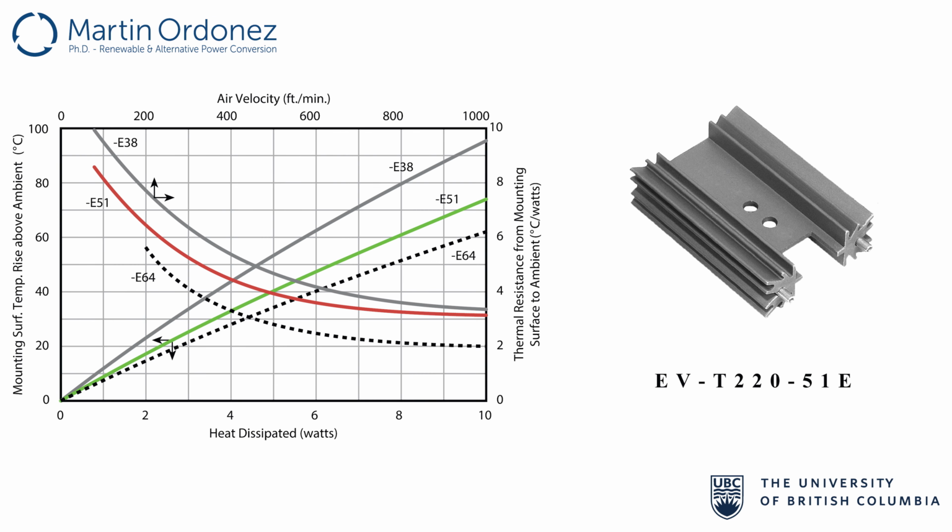There is a graph in the datasheet which shows heat dissipation characteristics. Now, you can see different curves in the graph, since we can select different heights for the heatsink. Let's try with the E51 that has a height of 51 mm. As you can see, we have 2 curves for the E51.